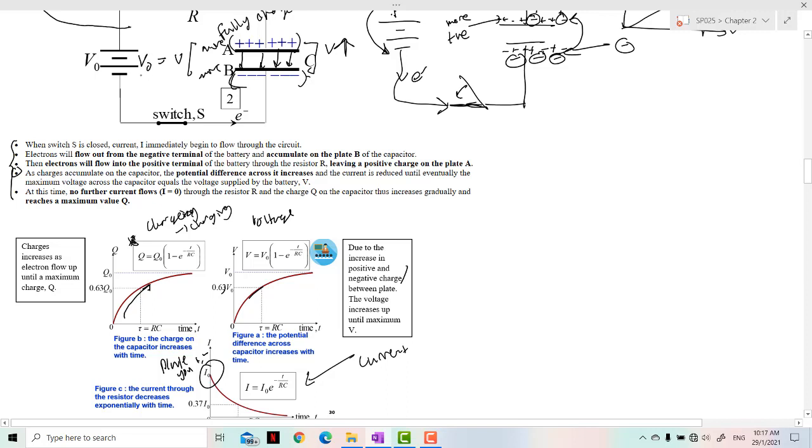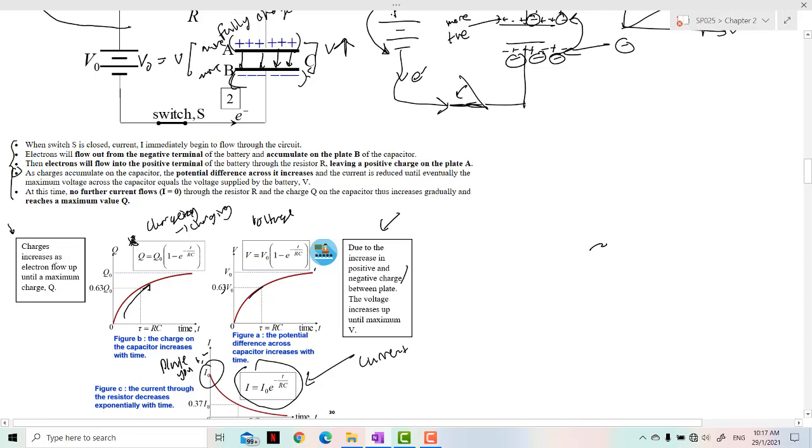Once equal, the current has no more use in moving the electrons. That's why the current diminishes, and the equation is I equals I naught e to the negative t over RC. So you can read here why the charge and the potential behave like this.